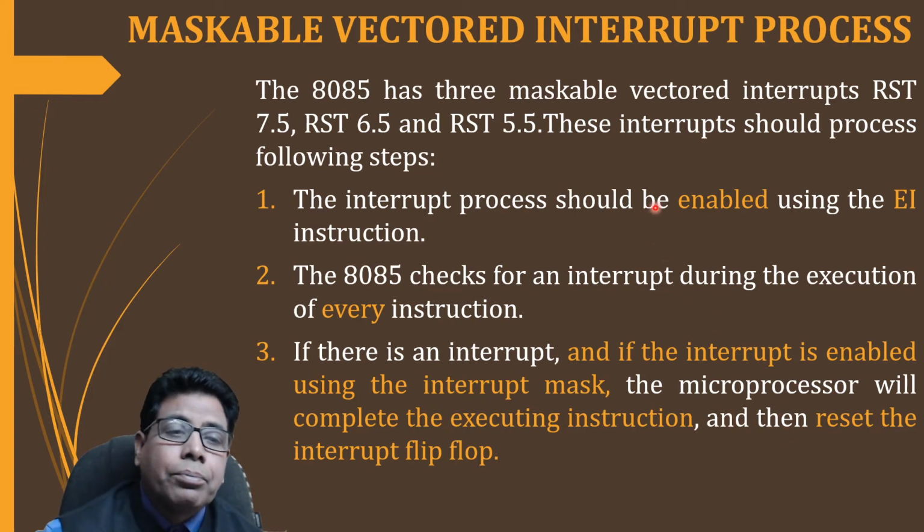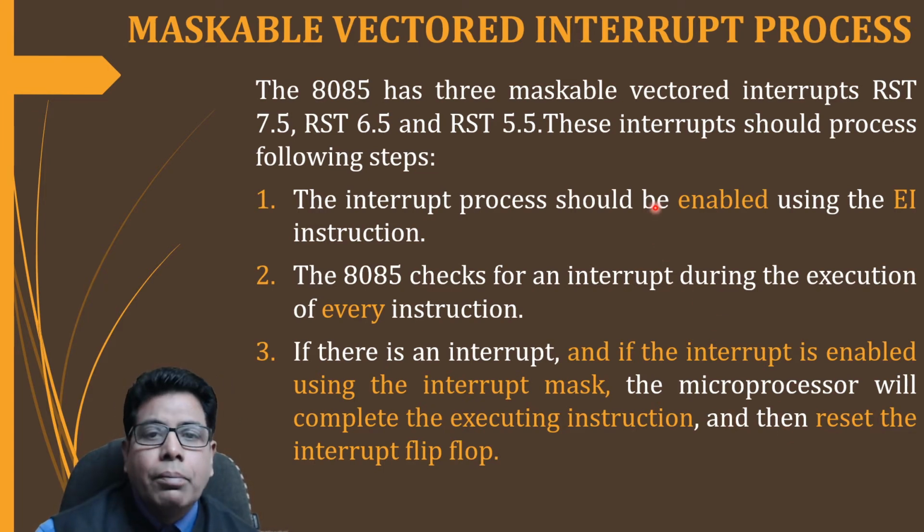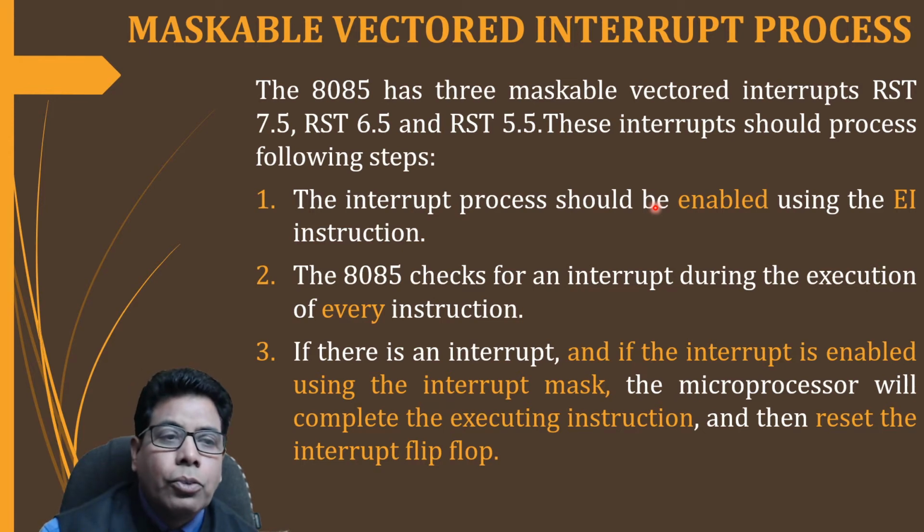In the first step, we should enable the interrupt using the EI instruction. So the EI instruction is used for enabling the interrupt. Then the 8085 checks for an interrupt during the execution of every instruction. Now if an interrupt occurs and the interrupt is enabled using the interrupt mask, the microprocessor will complete the execution of the current instruction and then reset the interrupt flip-flop.